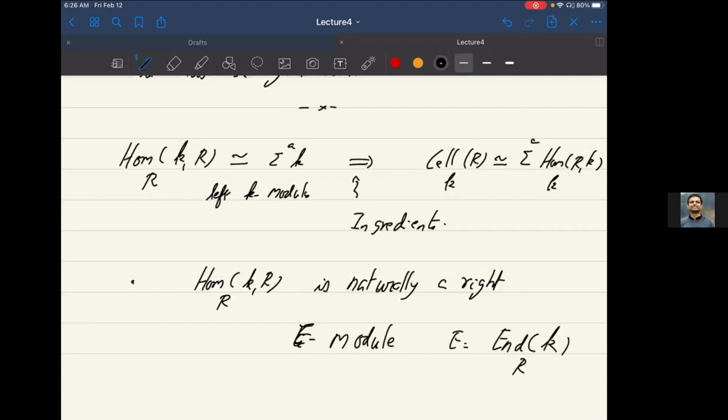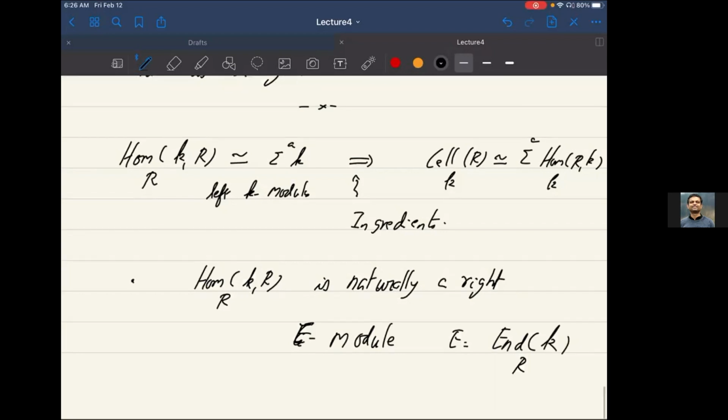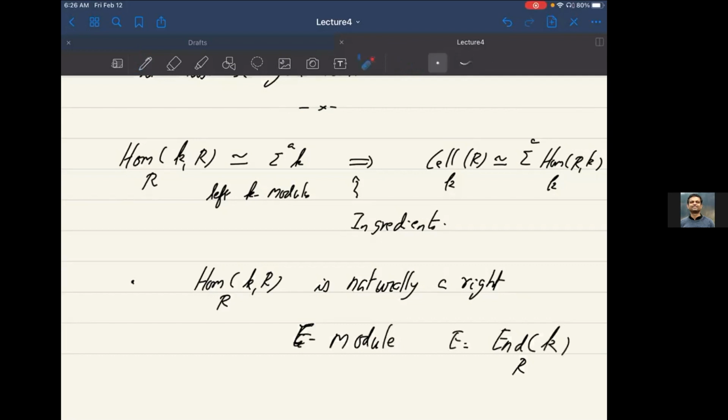So this has naturally a right E module structure, because K is a left E module and the R action is compatible with that.